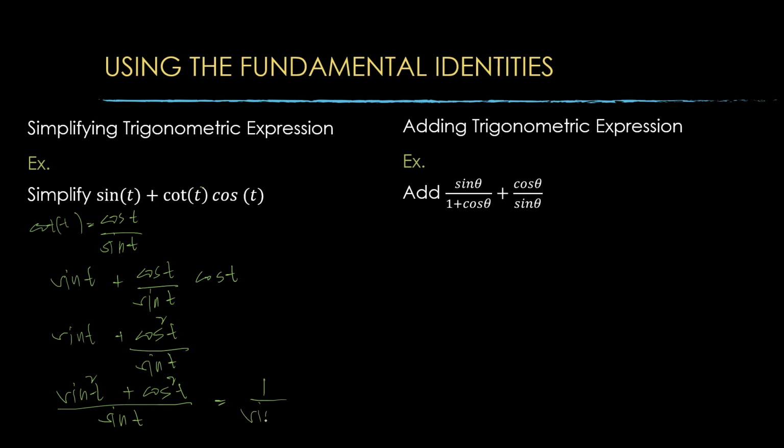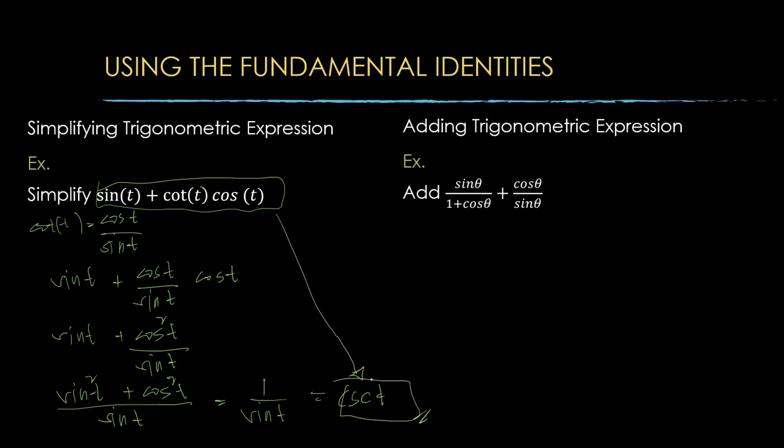So that is 1 over sine of t. But what is 1 over sine of t equal to? That is cosecant. So imagine going from here to this single expression, di ba? Meaning cosecant of t can be equal to this expression right here. Amazing, di ba?